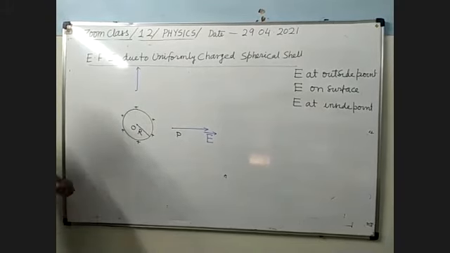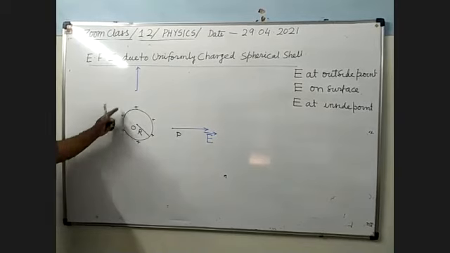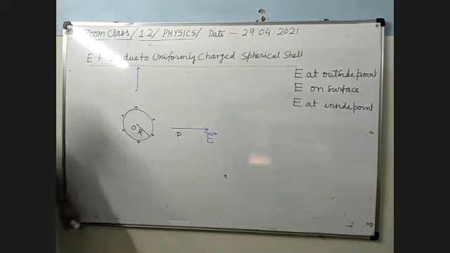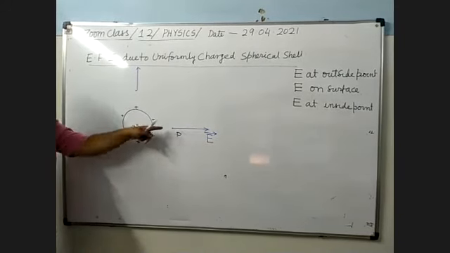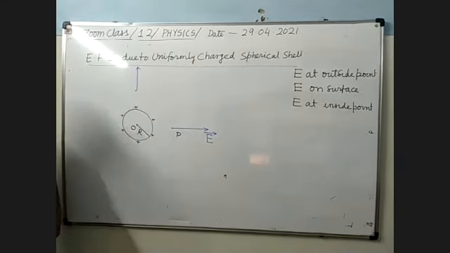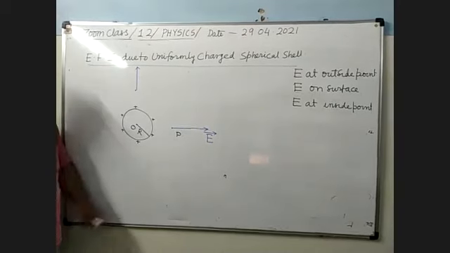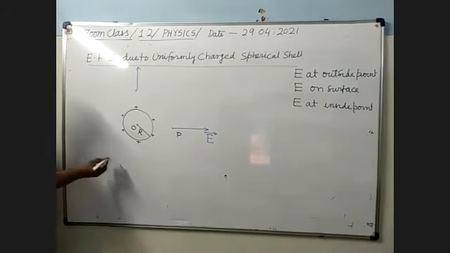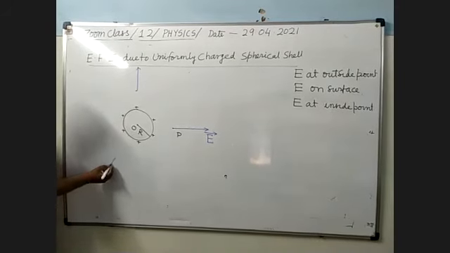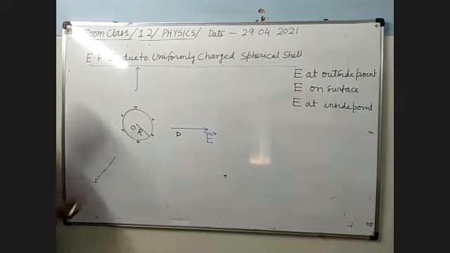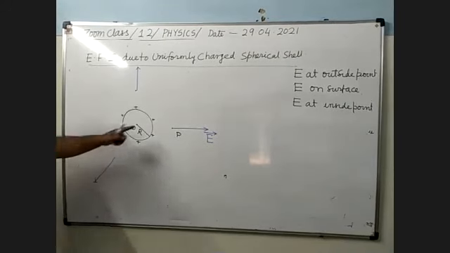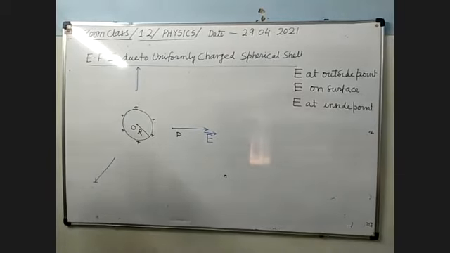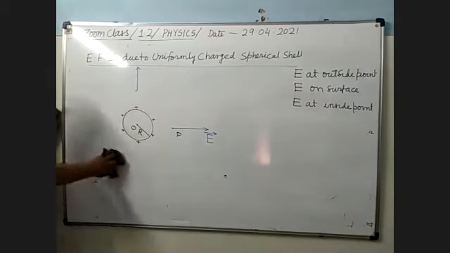Why is it radially outward? Outward because it is positively charged. If it is negatively charged, then it will be towards it, radially inward. Here it will be in this direction.